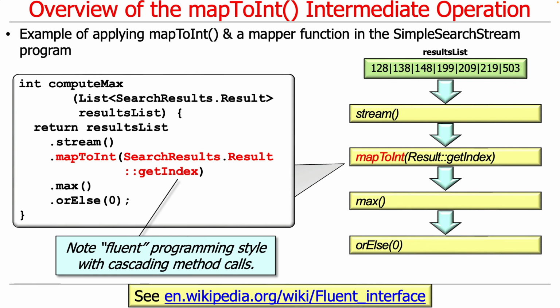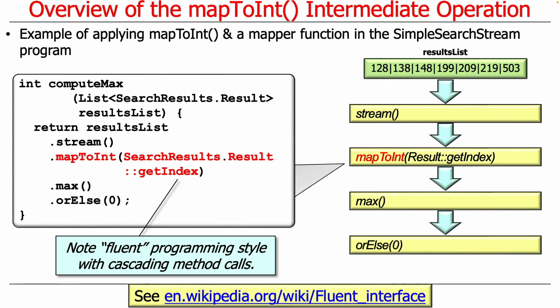An optional is a very funky, cool little specialty class in Java that either has got a value or not. And it's a way of getting rid of null pointer exceptions. So if max returns an empty optional, then we have to say orElse 0. So if it's empty, then orElse returns 0. Otherwise, if max is not empty, orElse returns whatever the max was. And we'll talk about that a little bit later.